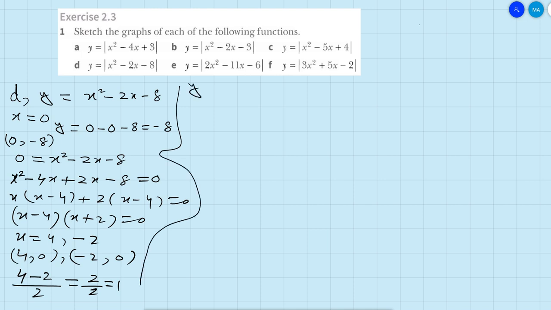So y equals 1 square minus 2 into 1 minus 8, which is 1 minus 2 minus 8, equals minus 10 plus 1, which is minus 9. So our answer is x is 1, y is minus 9. This is the coordinate of the maximum or minimum point. Now plot all these points on your graph or sketch.